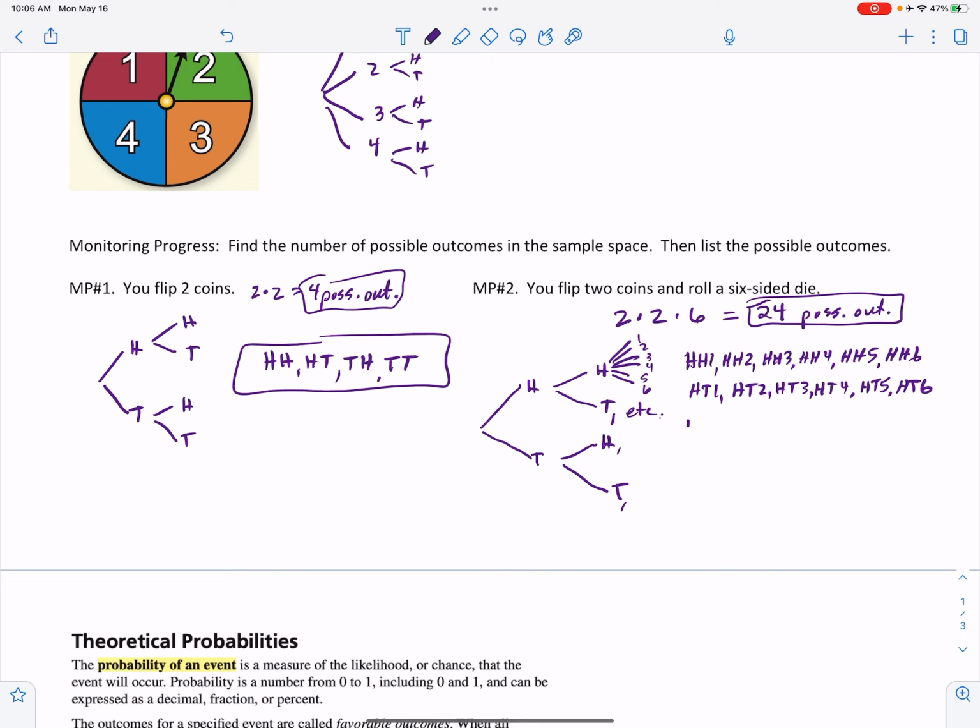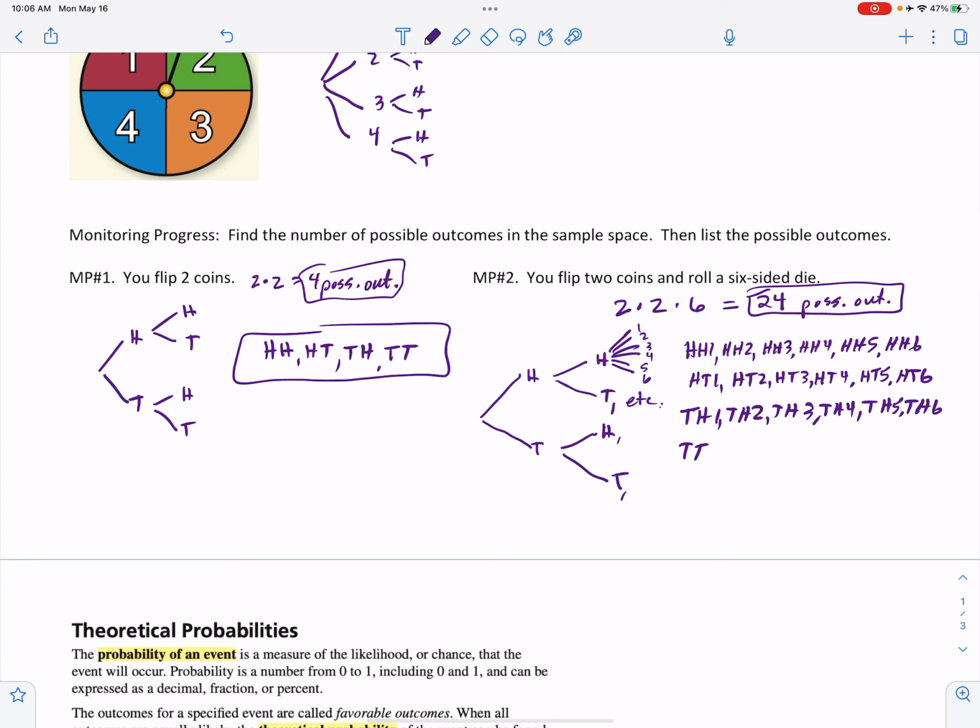And then if we would have started with tails, tails heads 1, tails heads 2, tails heads 3, tails heads 4, tails heads 5, tails heads 6, and then lastly tails tails and a number.